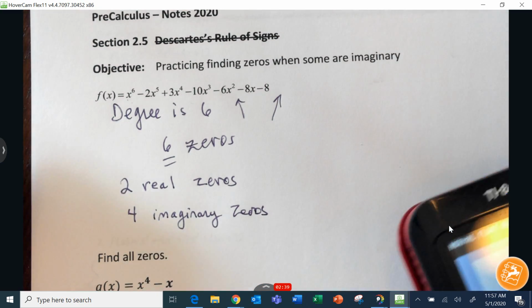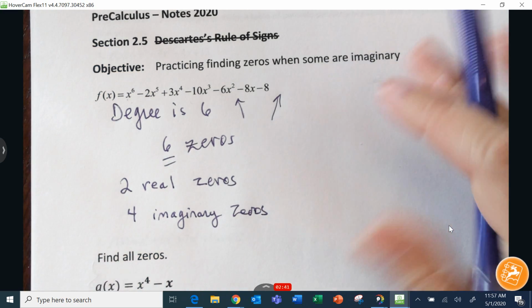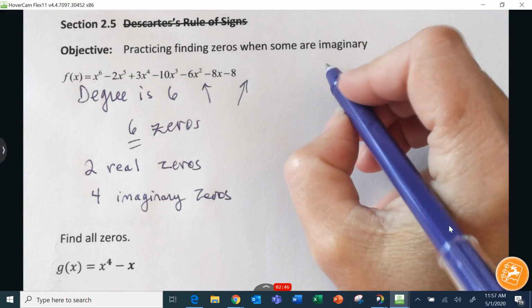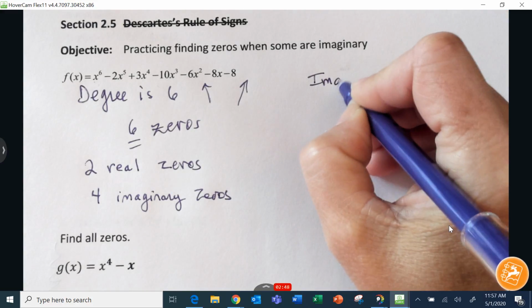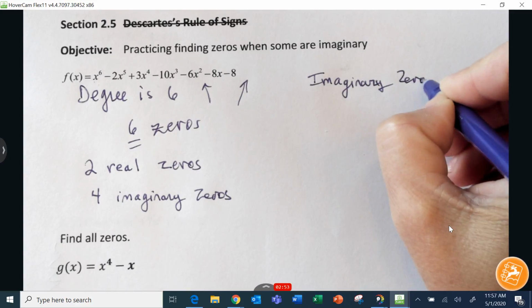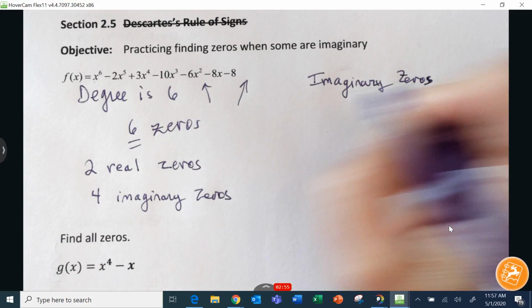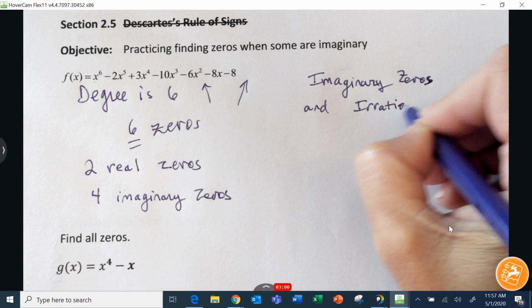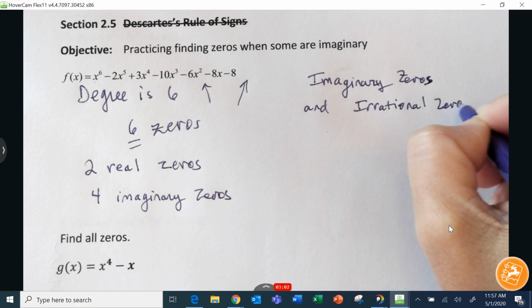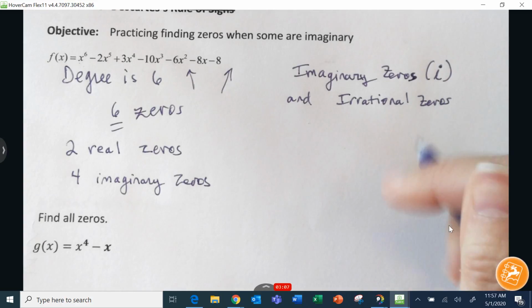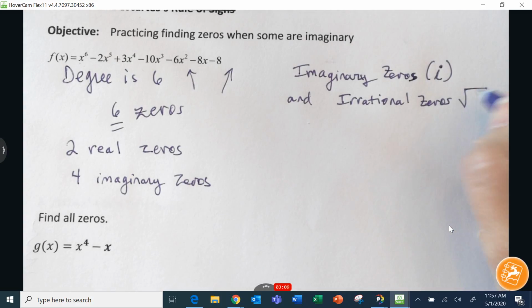And one other thing that's important that we have to know about imaginary zeros, and that we also have to know about irrational zeros. So imaginary zeros, they're going to have an i. And irrational zeros, they're going to have a square root, like plus minus square root, but you can't actually take the square root of it.